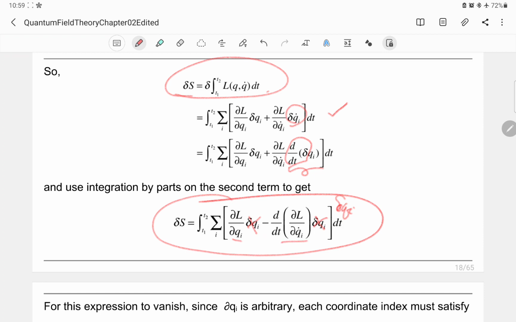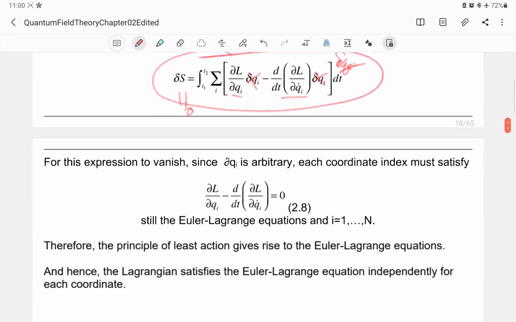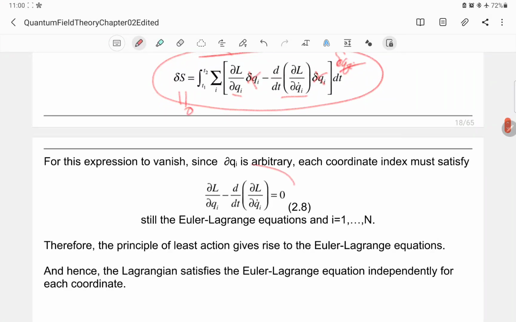And since the change of qi is arbitrary, meaning it can have any value, including 0 of course, and since we require this to be equal to 0, but delta qi is not equal to 0 all the time, your equation here should be equal to 0.